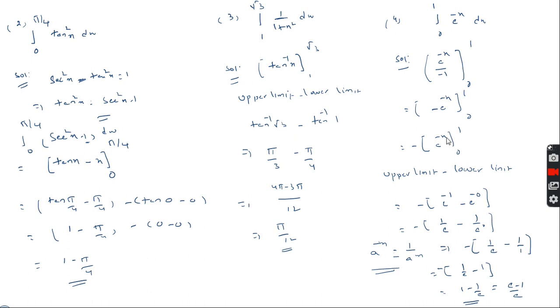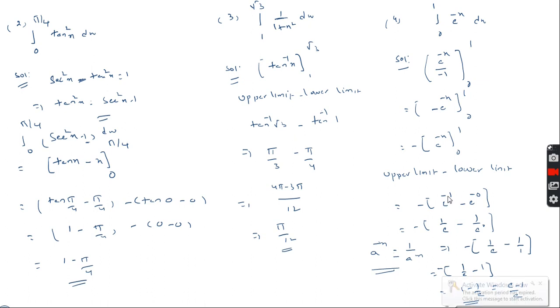The upper limit is 1 and the lower limit is 0. If we substitute x equal to 1, we get e power minus 1, and if we substitute x equal to 0, we get e power minus 0. We know that a power minus m is nothing but 1 by a power m.